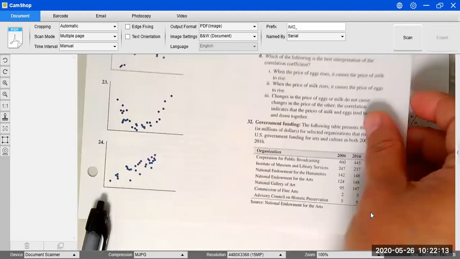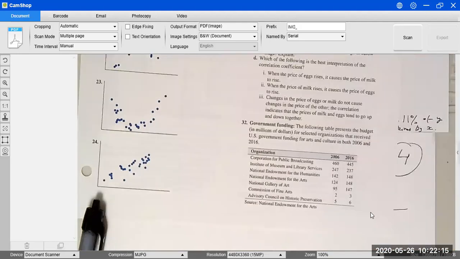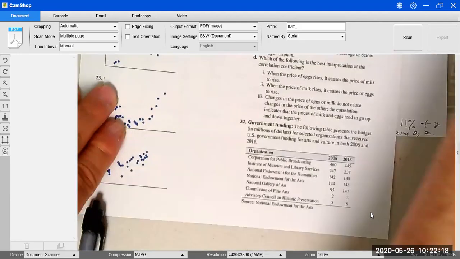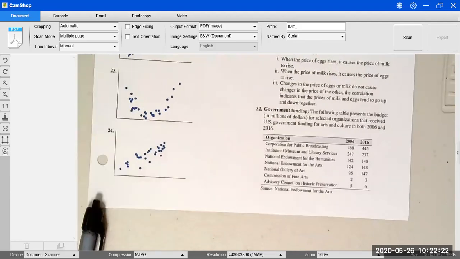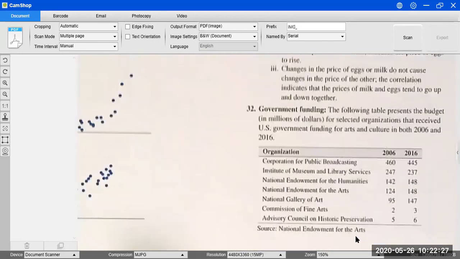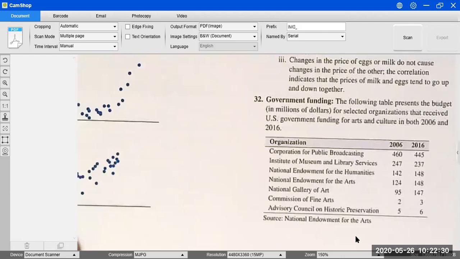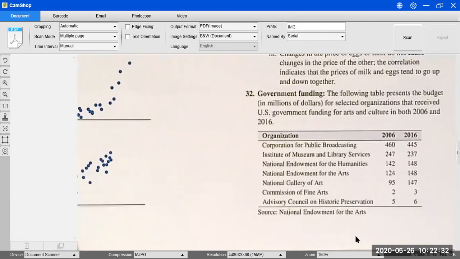Problem 32 is on page 167. You're going to need these data sets. You have information from 2006 and 2016, so you have two data sets, one for X, one for Y. X is going to be values from 2006, and Y are going to be the values from 2016.